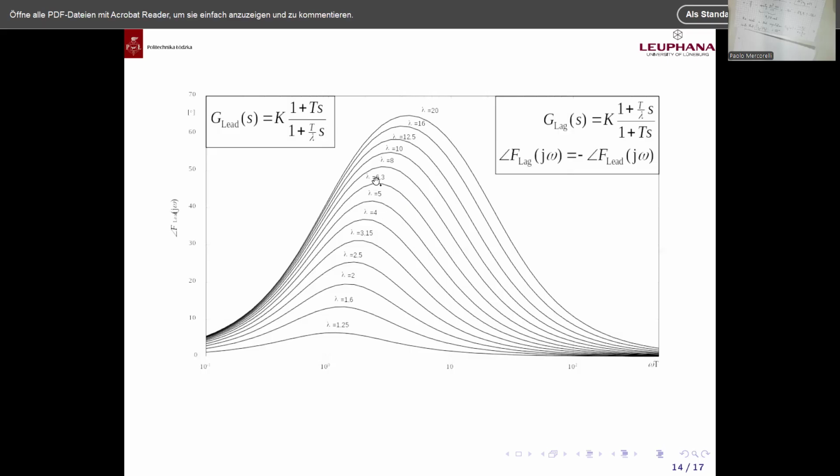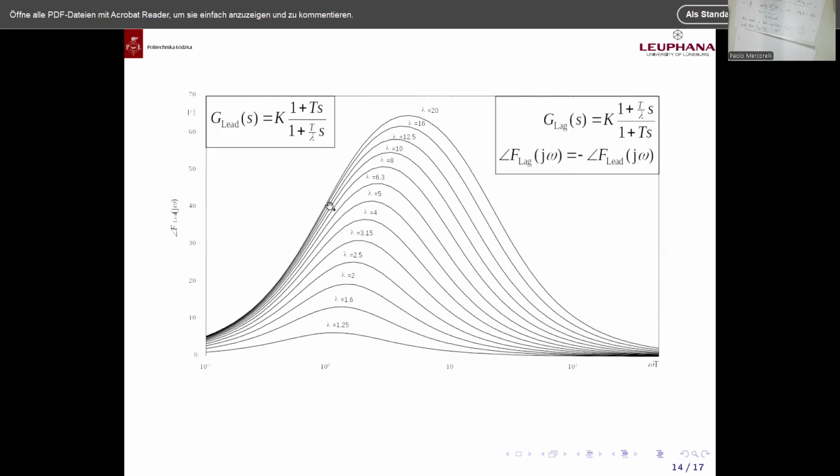Now, very important. Look here. We need 55. Do you agree? 55 degrees of phase margin. This transfer function is not the whole controller, but a part of the controller. In our case, this k is equal to 1.